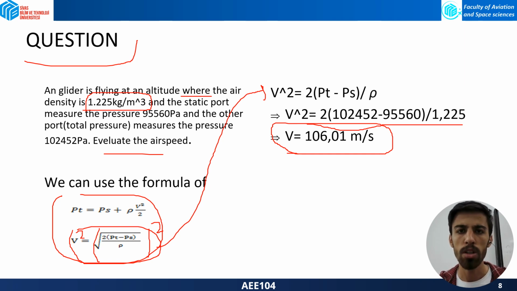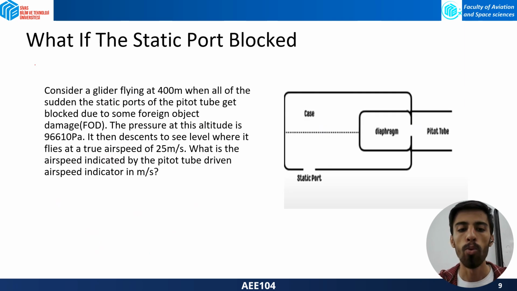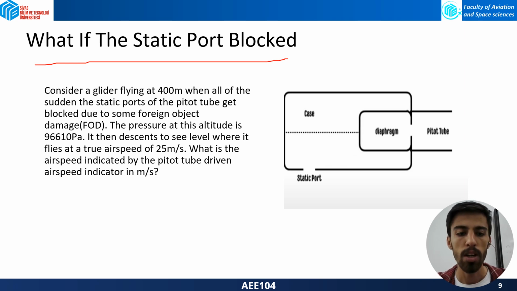We can use this formula to evaluate the airspeed. At some stations, your static port or the other port can be blocked, and we will solve another question in which the static port gets blocked. What if the static port is blocked? Let's read the question.